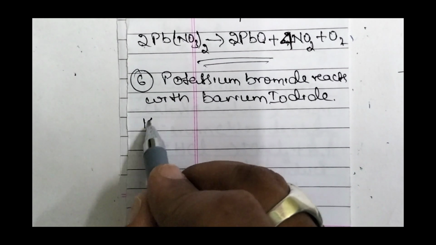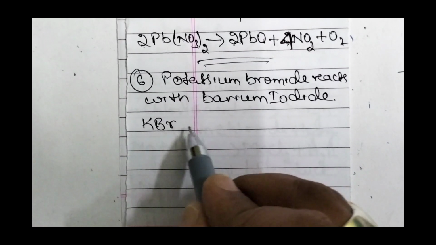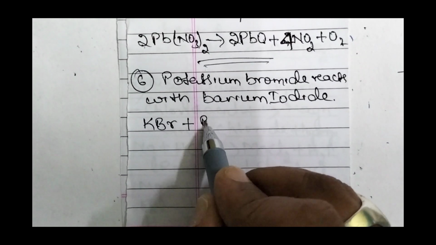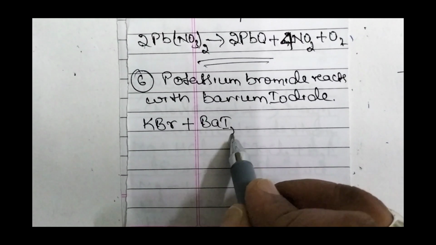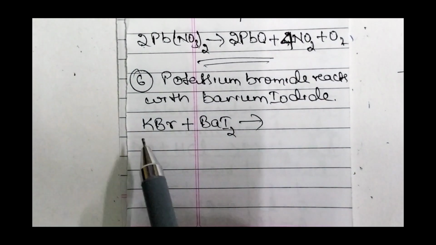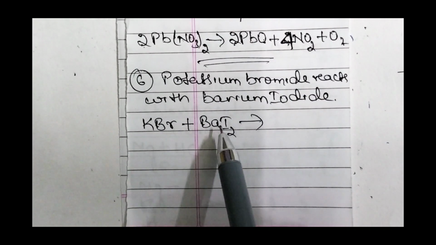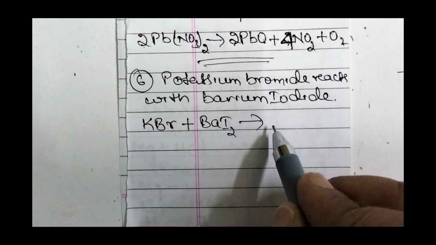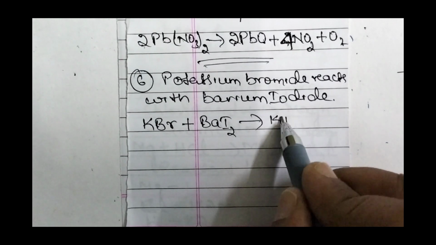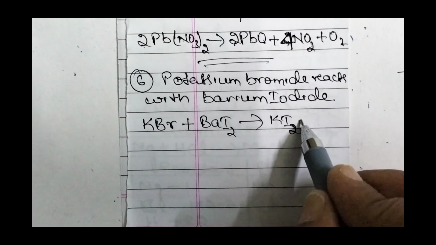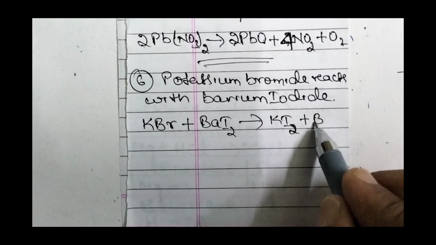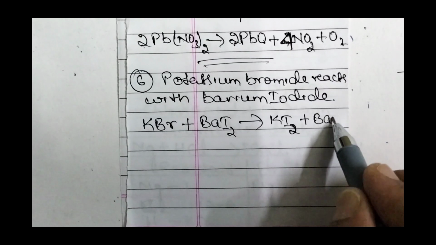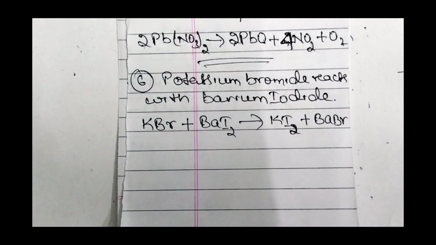Potassium bromide, KBr, plus barium iodide, BaI2, gives rise to potassium iodide and barium bromide.